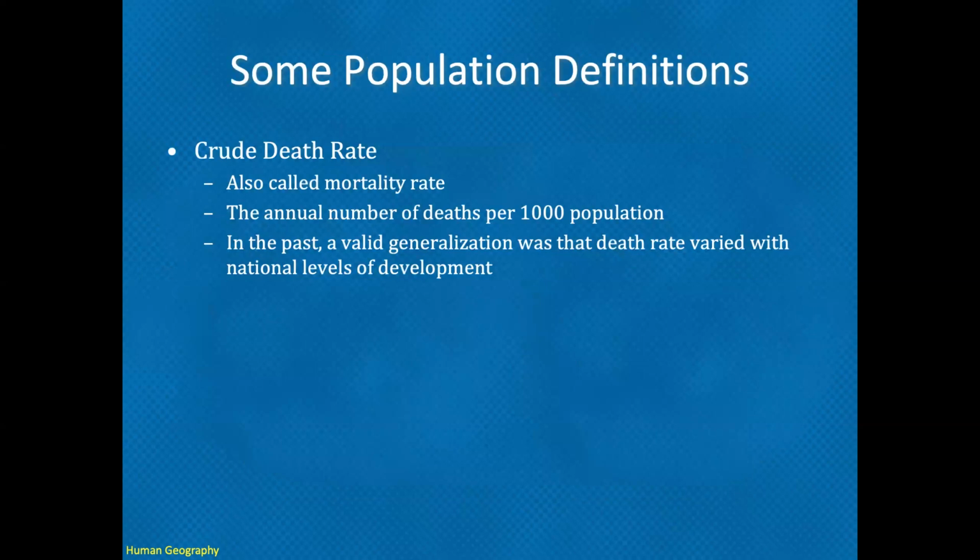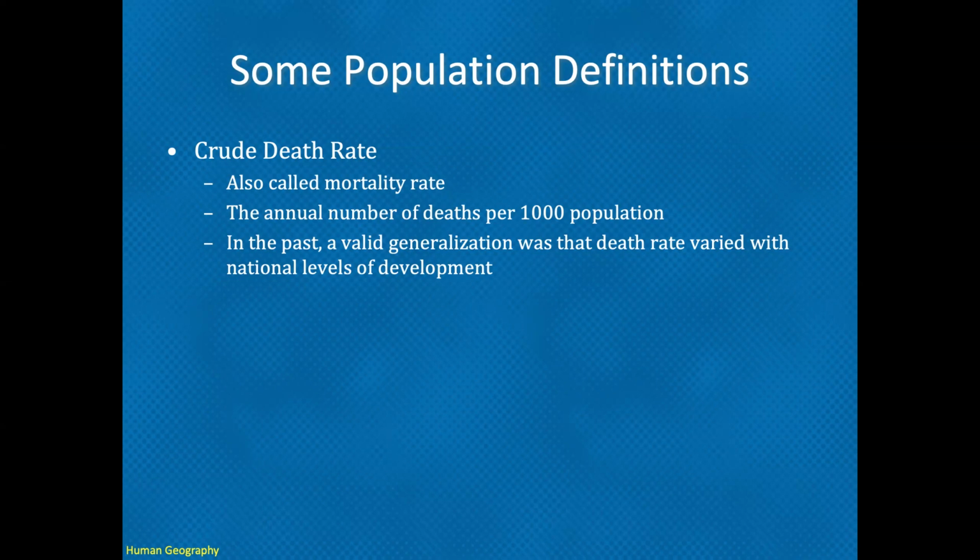Death rate, also called the mortality rate. Again, the number of deaths per 1,000. A high death rate does not necessarily mean you have health issues or you're in bad shape. It just simply means your population is older, so they're going to be dying off in larger numbers. So the United States has a high death rate, or starting to go in that direction.